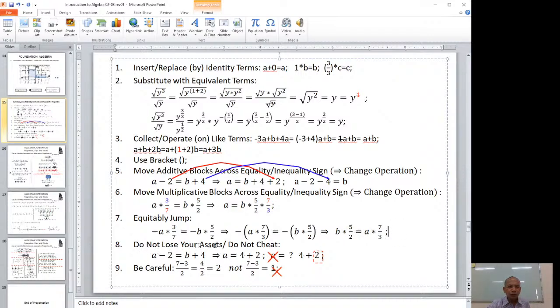Number 8: do not lose your assets, do not cheat. When you do the operation and you miss something, the teacher doesn't understand and thinks that you cheat. For example, a minus 2 equals b plus 4 leads to a equals 4 plus 2. Hey, this one, from where?